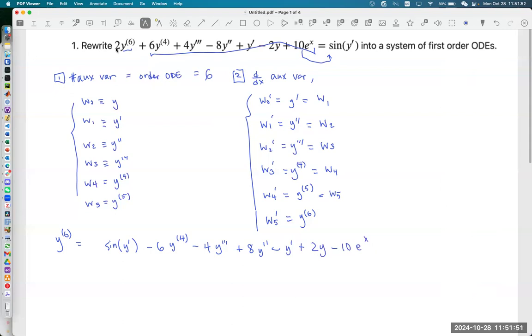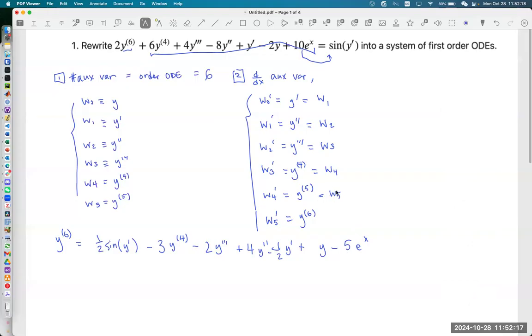And then we have a 2, so we divide everything on the right by 2. So 1/2, 6 divided by 2 is 3, 4 divided by 2 is 2, 8 divided by 2 is 4, so minus 1/2, 2 divided by 2 is 1, 10 divided by 2 is 5. So we have rewritten the original ODE as this.